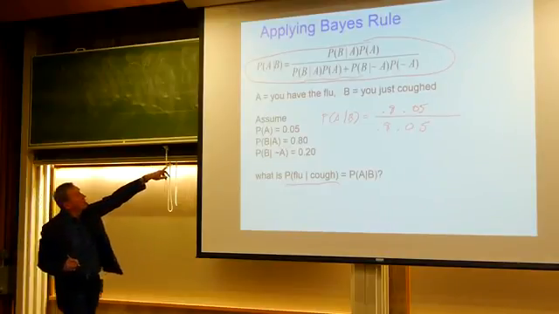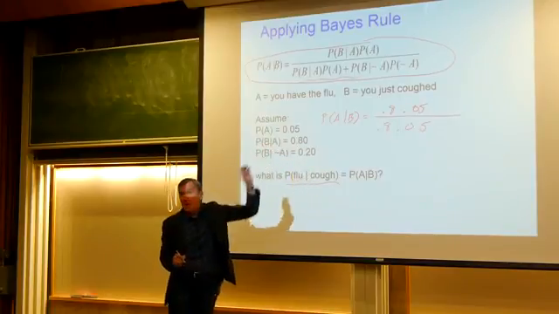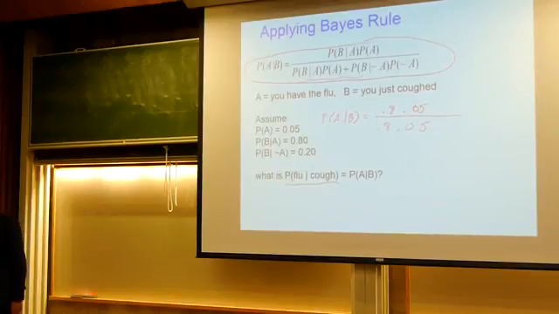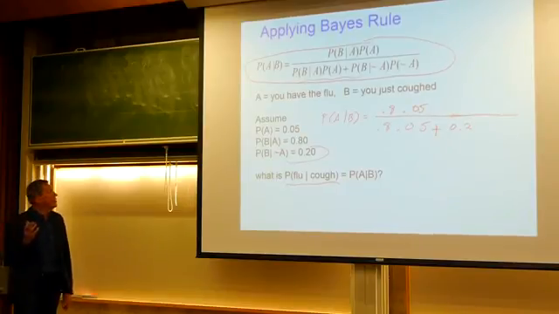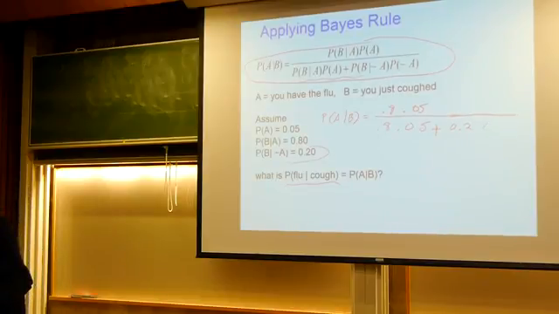And the second term is the probability of coughing given that you don't have the flu, times the prior that you don't have the flu. What's the probability of B given not A? We had that here. So it's plus 0.2 times the probability that you don't have the flu. What's P of not A? 0.95, right? Why? Because P of A equals 1 minus P of not A.